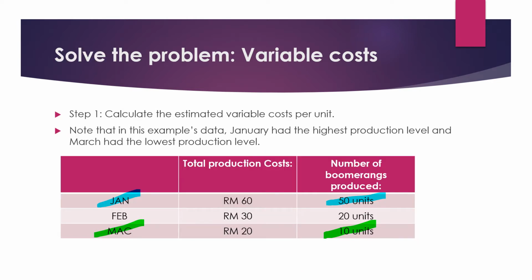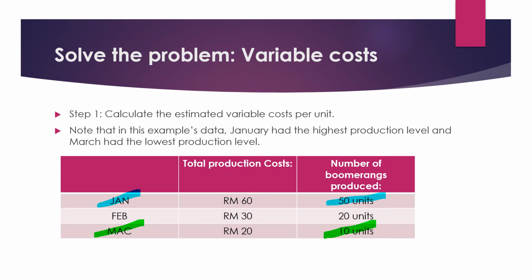Okay, to find the variable cost, step 1, calculate the estimated variable cost per unit. Note, this is the example data. January had the highest production level and March has the lowest production level.